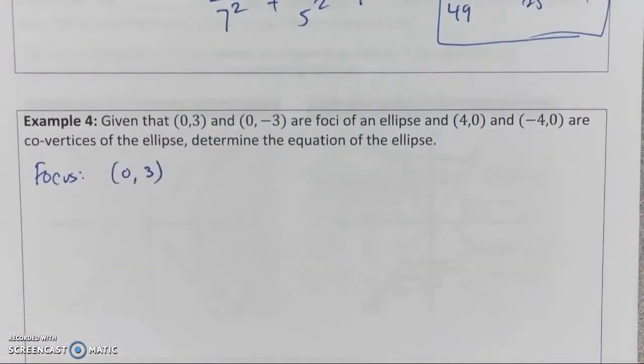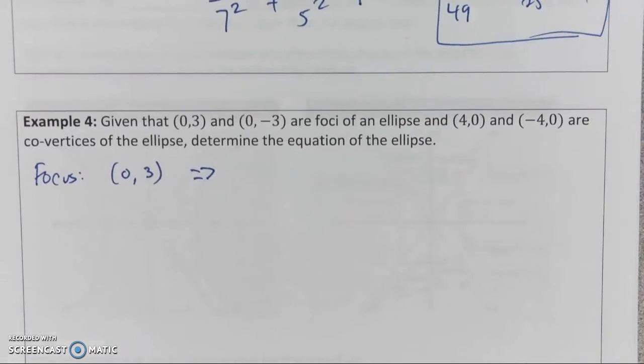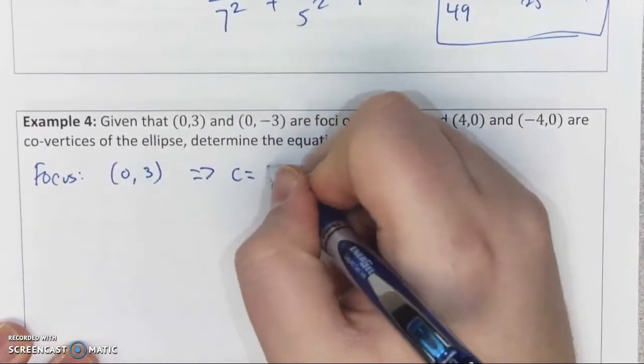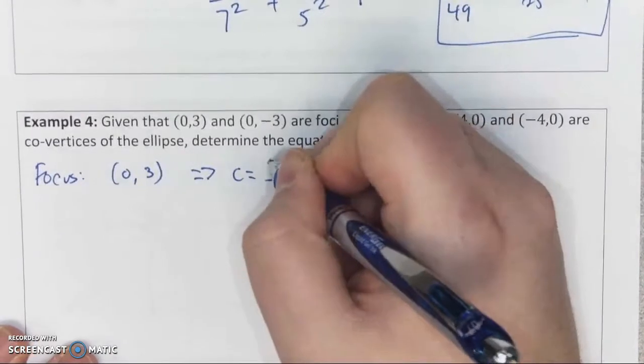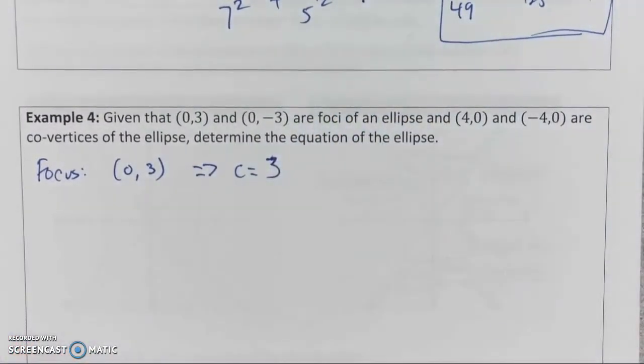So let's just choose 0, 3 as the focus. My focus is at the point 0, 3. That's going to give us a c value of 3.